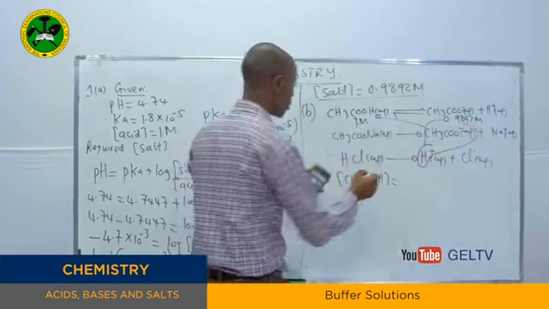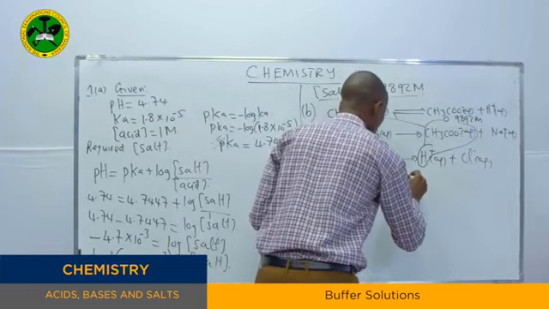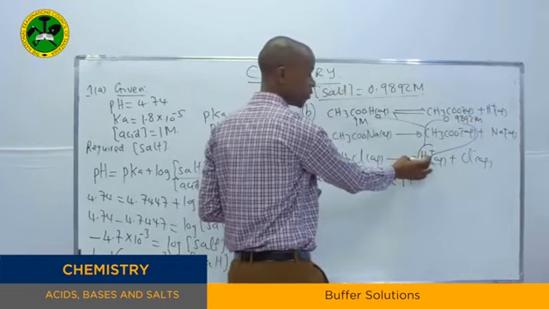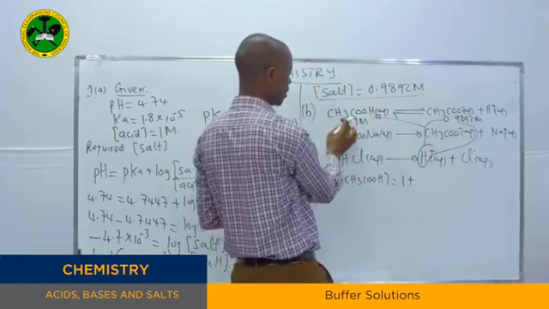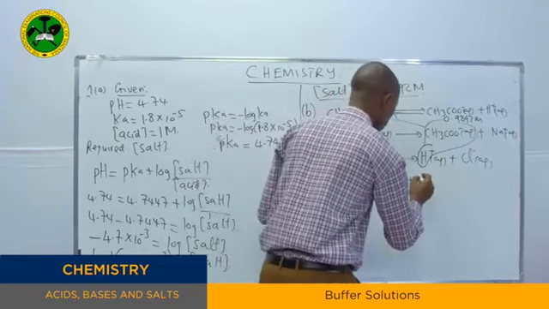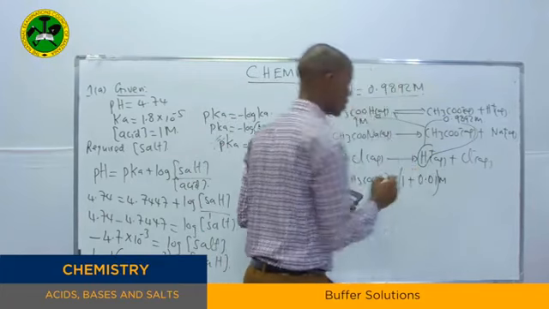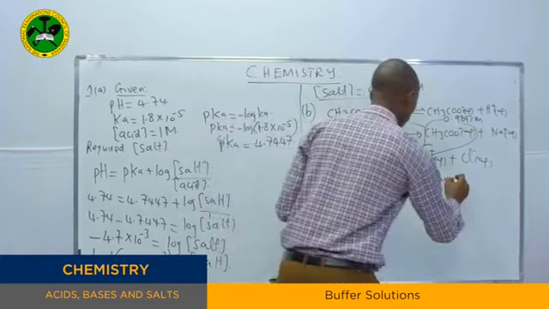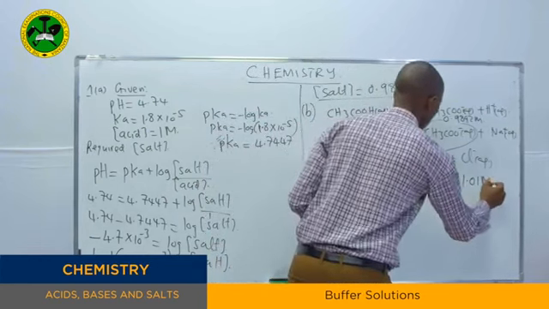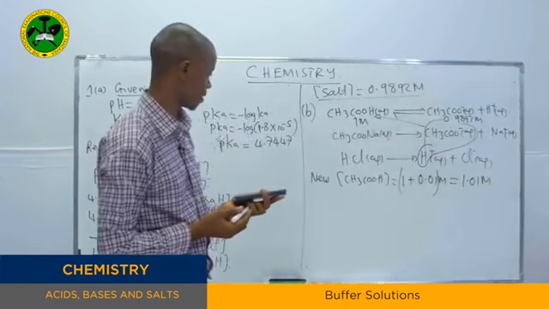So the concentration of the acid will be 1 plus the concentration of the acid which is added, because it is formed here. So the concentration that is formed there is 0.01 molar. That is what is added. So there we are going to obtain 1.01 molar. That will be the new concentration of the acid.